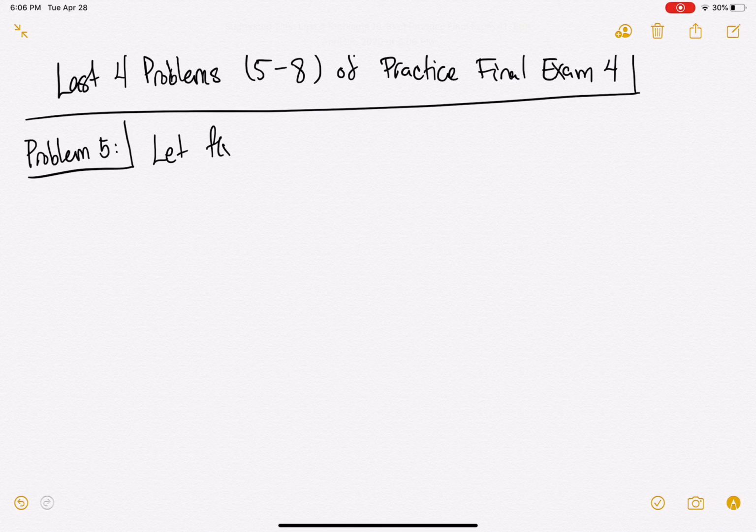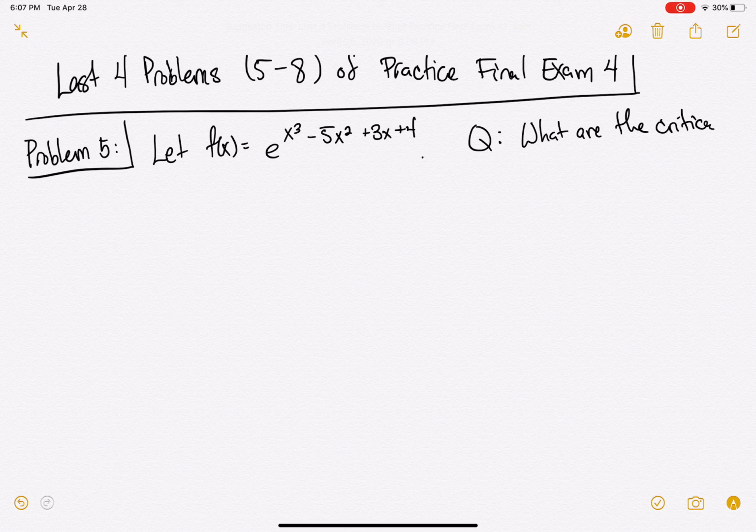Let f of x equal e to the x cubed minus 5x squared plus 3x plus 4. Question is, what are the critical numbers? This one's extremely straightforward.